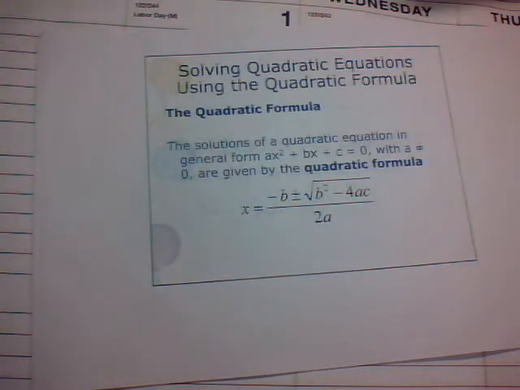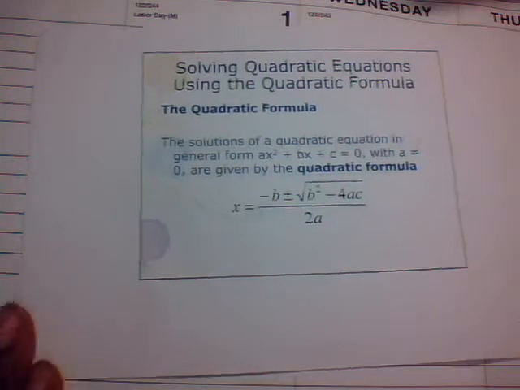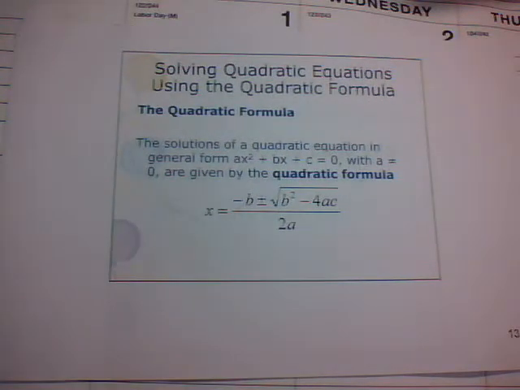Okay. Now, with that last example that I just did, this one is much easier to use. And that is the quadratic formula. If factoring does not work, then this option would work the best, and that's using the quadratic formula.